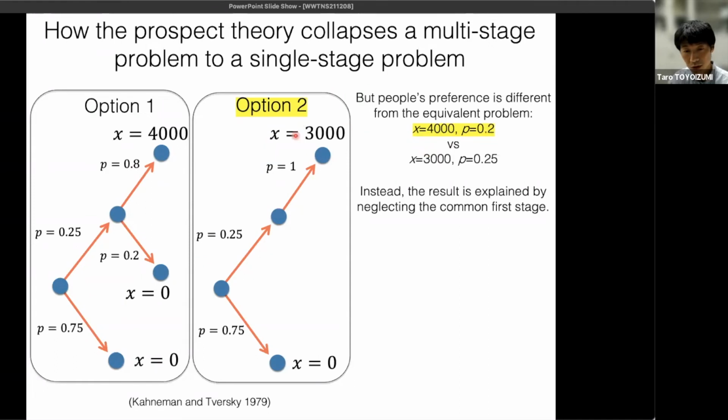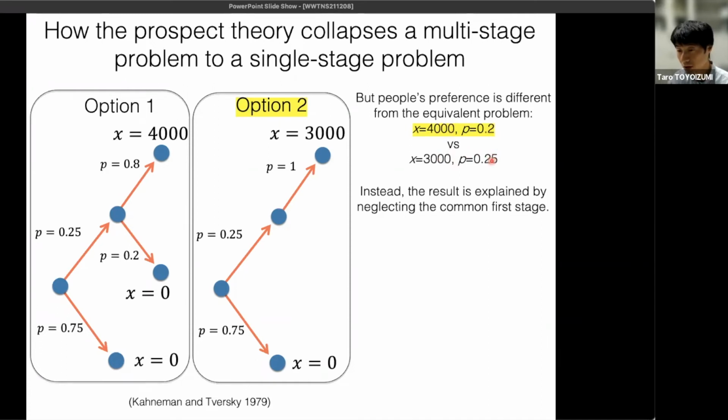What's the probability in option 2 of getting 3,000? It's 25%. So you get 3,000 with 25%. So remember, if you just naively convert that, this is the gain domain with reward, but rather low reward probability.